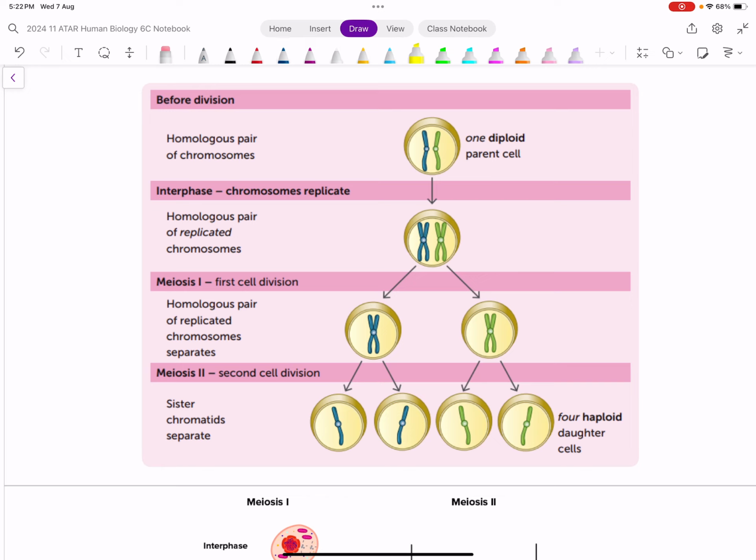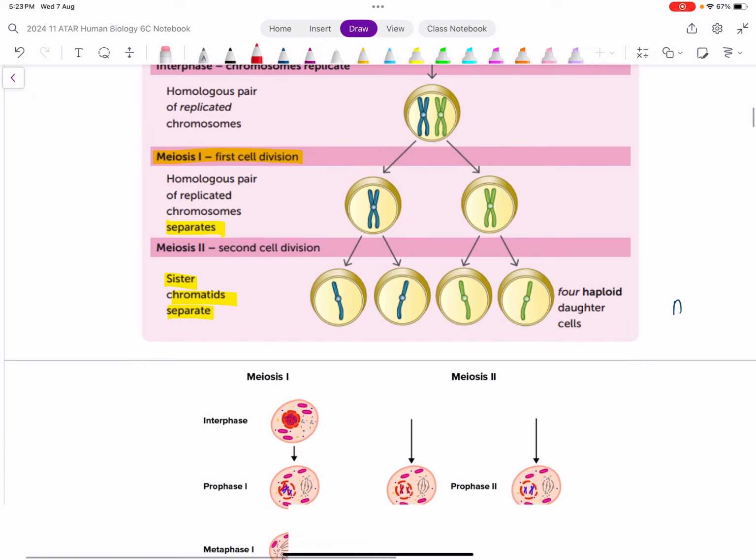And then we get to this first meiotic division. And this is where our homologous pair of replicated chromosomes separate. This leaves us with our second division, where we finally get our sister chromatids separating as well. So while we start in the same way as mitosis with a diploid number, we finish with a haploid number in each of these chromosomes.